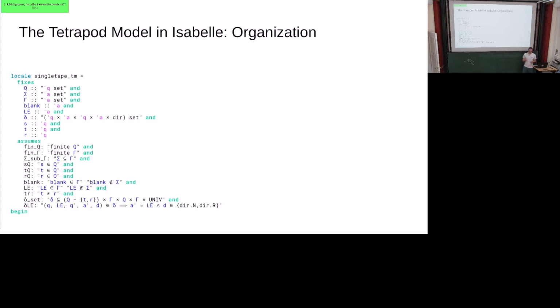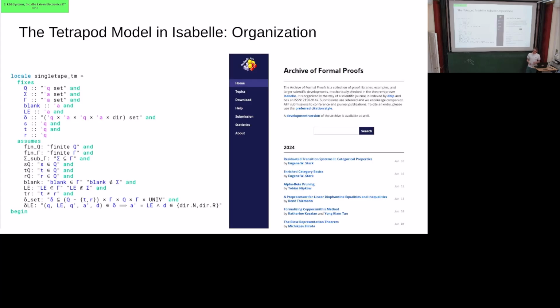Maybe someone can give that in one of the slots this week. But I would also consider the external organization of how our developments are organized. I'm not sure if all the original authors agree with that, but I would put it in here as well. And in Isabelle, we have the Archive of Formal Proofs, which is this huge theory archive, and how that is organized reflects the organization.